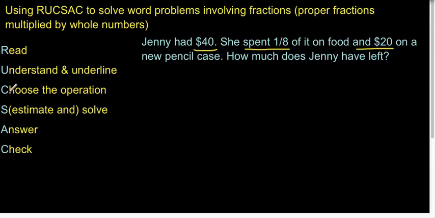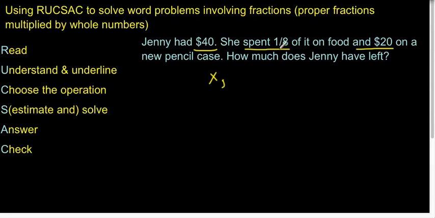Okay, so the next step is to choose the operation. As I mentioned before, it looks as if we're going to be using some subtraction, but in order to do that, we are going to have to work out what is 1/8 of $40 first. If you've covered proper fractions being multiplied by whole numbers, you'll know that we need to do some multiplication.